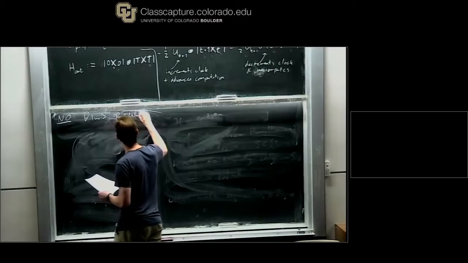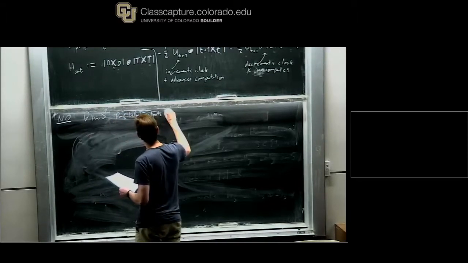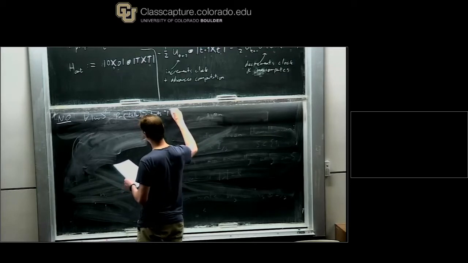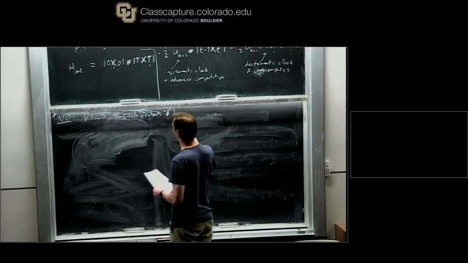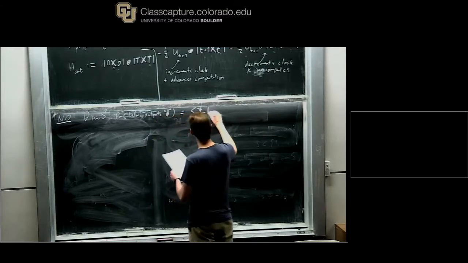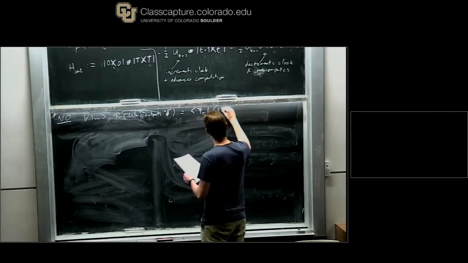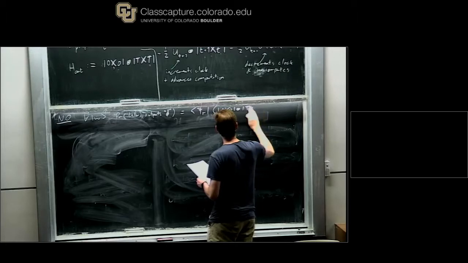The probability that U, W outputs 1, sorry, the probability that it outputs 0 is high. With high probability, we reject. What's this? This is psi t, projector onto 0 on the output qubit, the final time state.